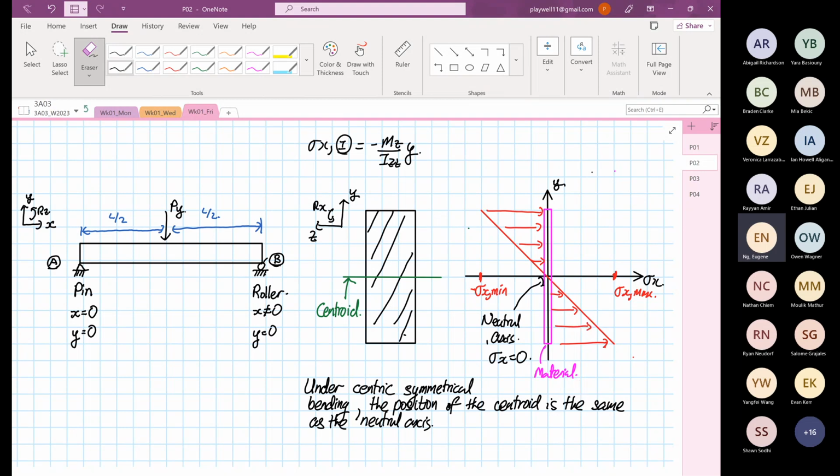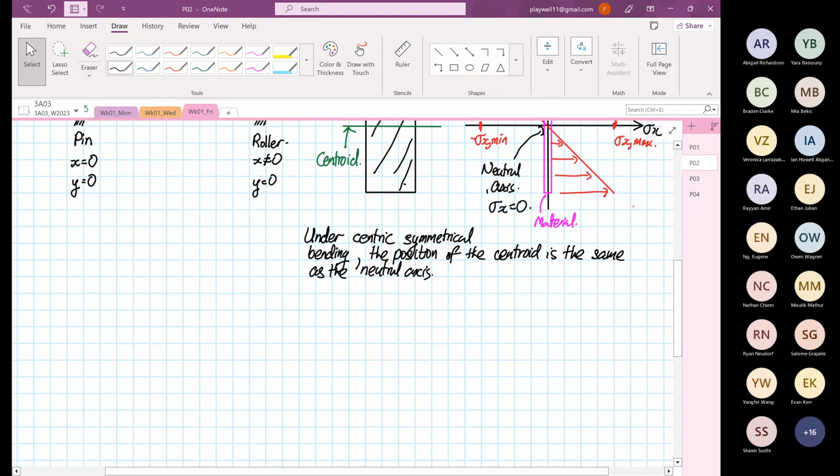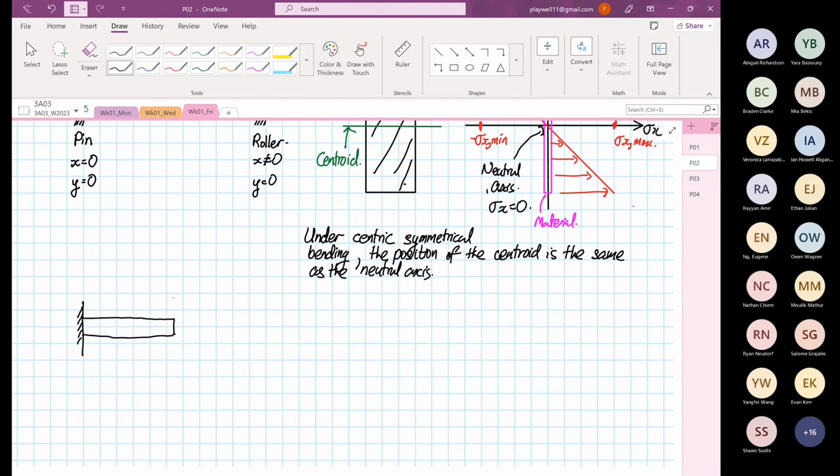I'm glad. Okay. So now, if we have a structure that looks like this, this is our PY, and then we have an axial load, which is our PX.